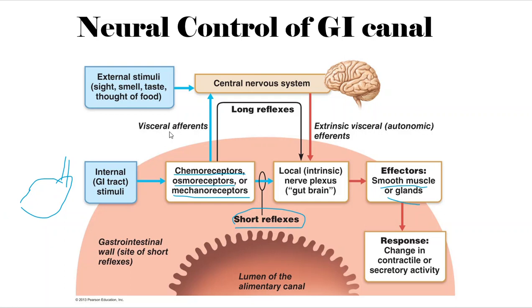We also have the long reflex, where this information is sent to the brain. That's why we call it long, because it's going to leave the GI tract and go all the way to the brain. And then the brain is going to send out its orders to the myenteric plexus as well. Here's something that's the internal stimuli, which is basically stretch or something like that.